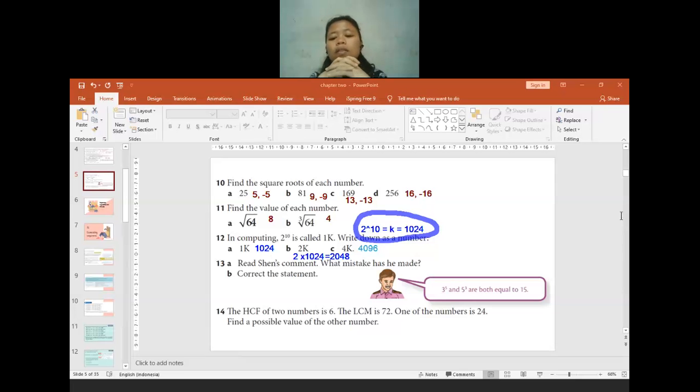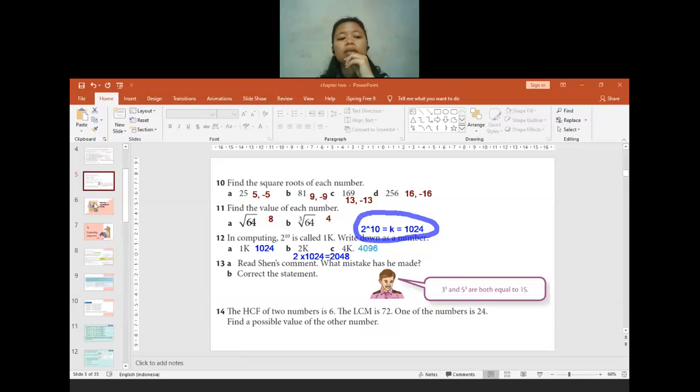Question 13. 3 to the power of 5 and 5 to the power of 3 are both equal to 15. What mistake did he make? If you say it's wrong, can you tell me what mistake he made?